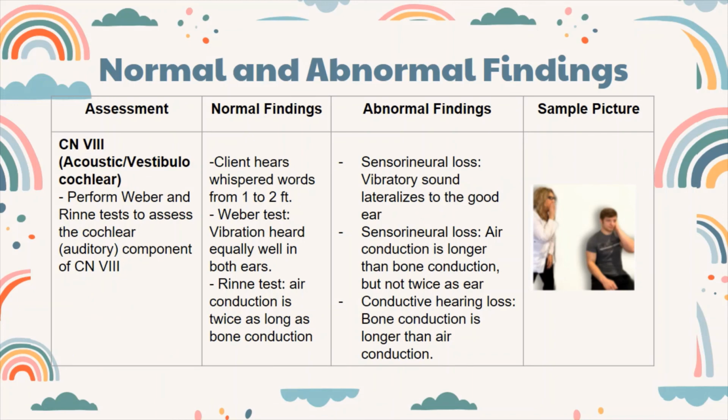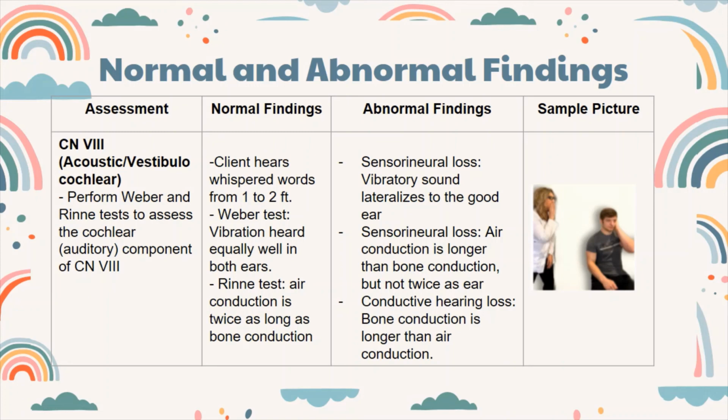So next is assessment of cranial nerve number 8, the acoustic or vestibulocochlear. So first assessment is to perform Weber's and Rinne's test on assessing the cochlear or the auditory component of cranial nerve number 8. So for the normal findings, client hears whisper words from 1 to 2 feet. Weber's test, vibration heard equally well on both ears, while on Rinne's test, air conduction is twice as long as bone conduction.